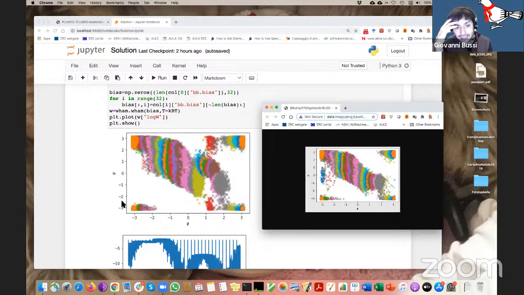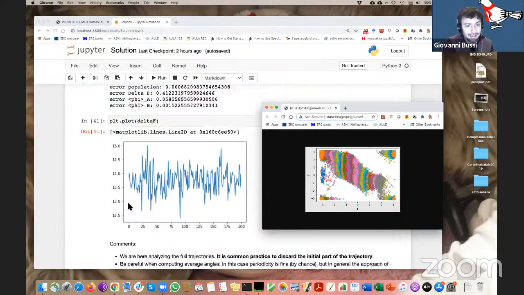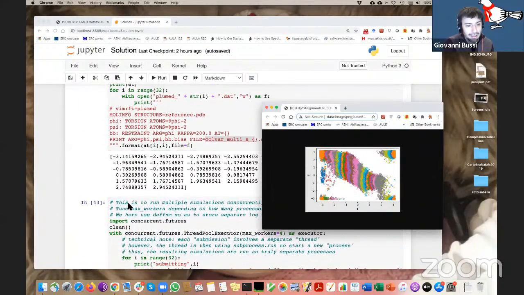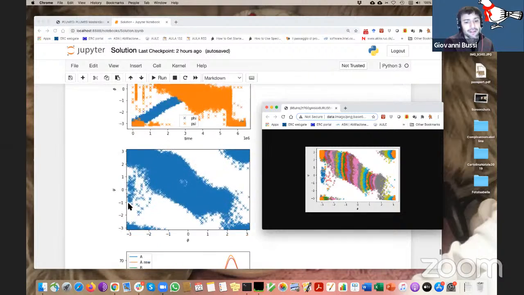That's why I would say in a real case scenario, the most recommended way would be to really perform again your entire simulation starting from a different minimum, which is exactly what I did here. When I did my simulation again starting from minimum B, I obtained a free energy profile that is kind of different.